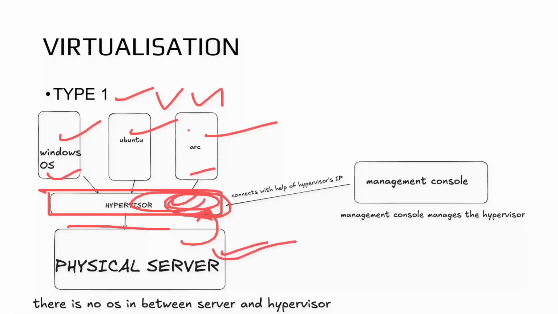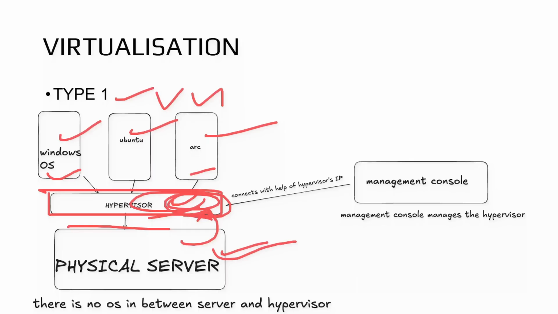So this hypervisor helps you to do the segregation, helps you to pull the operating system out of this physical server, and you can run multiple operating systems securely and efficiently, and it is all thanks to the hypervisor.